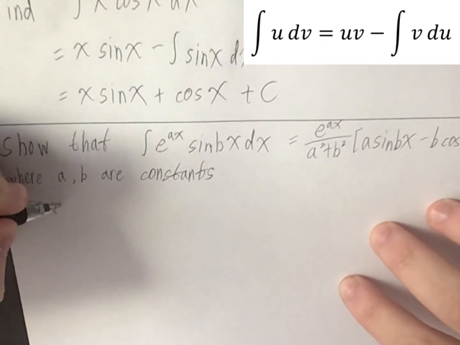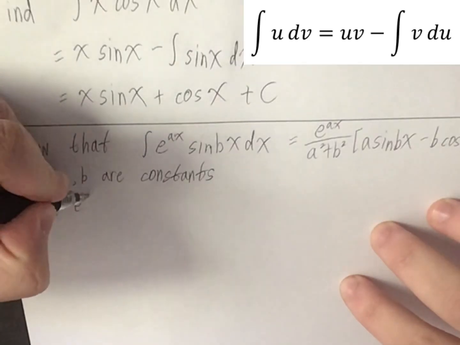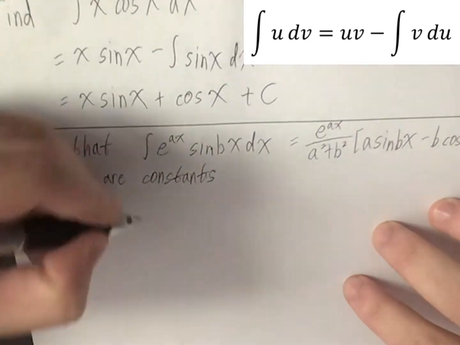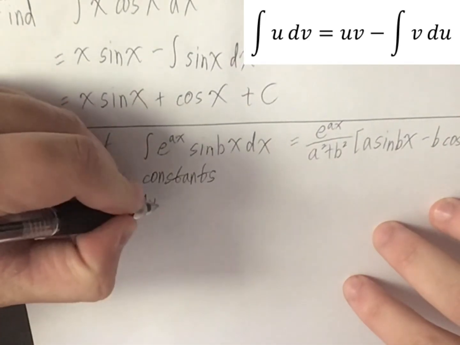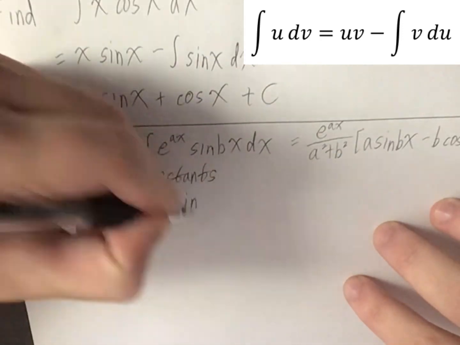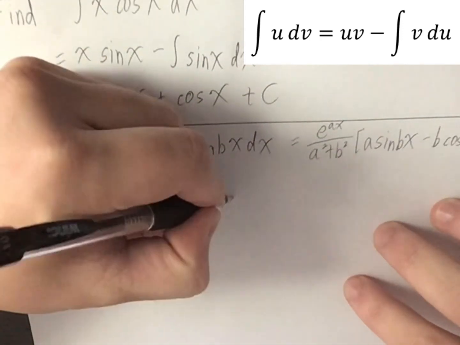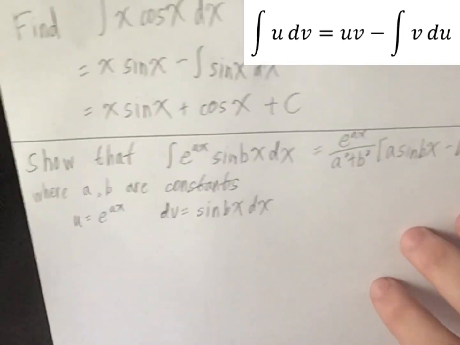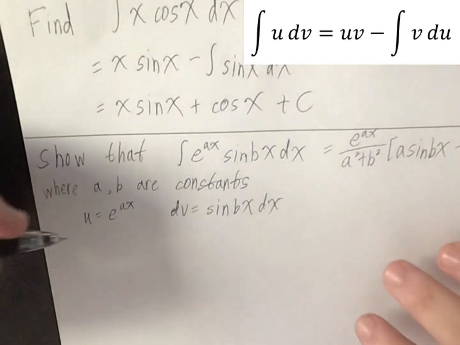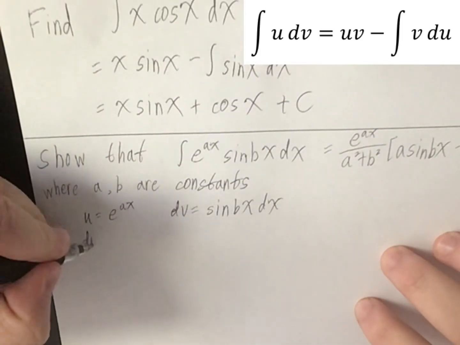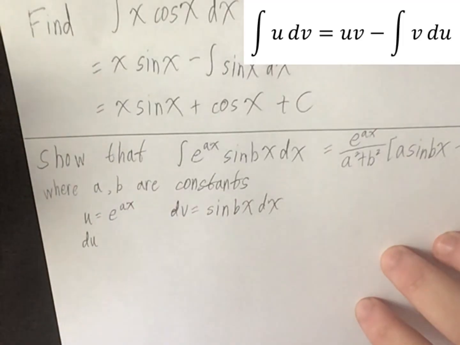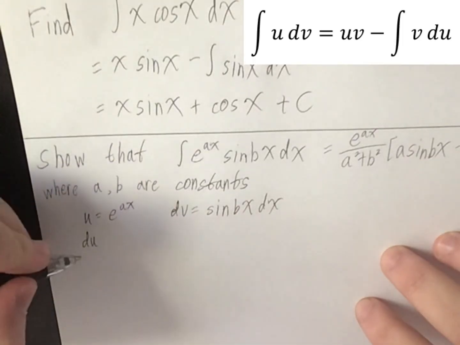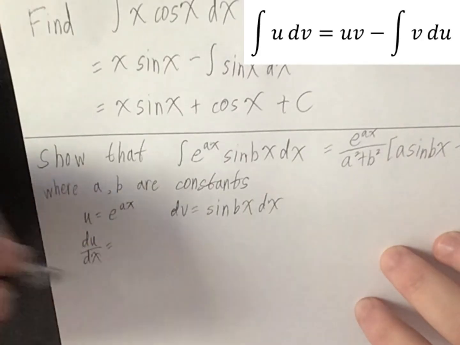So we say u is e to the power of ax, and dv is sine bx dx. And then you just need to differentiate to get du. I will write it in one more step here, du/dx.